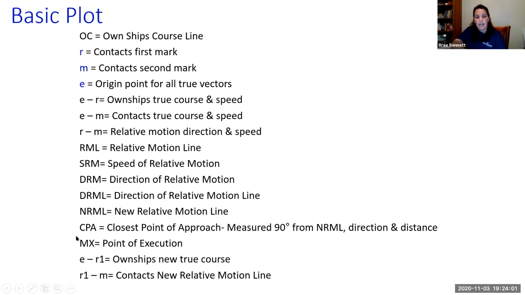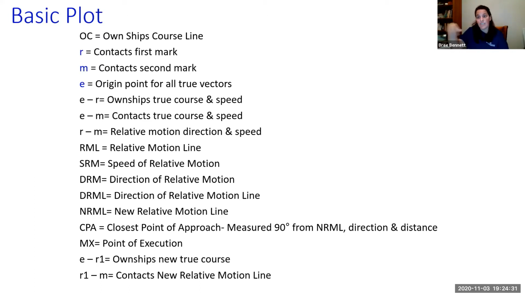Then we have MX, and that's what we're going to talk about next week as well. That's the point of execution. That means what point are we going to execute our maneuver? If we are the give-way vessel and we're going to turn, we don't have to turn when the guy's 10 miles out and we have a constant bearing relative motion, a 0 CPA.